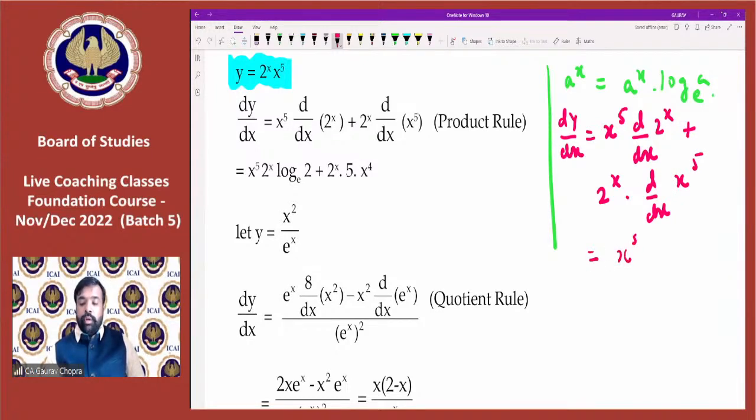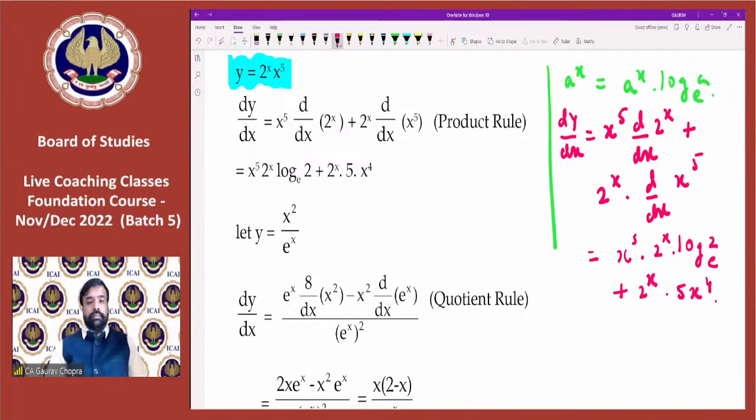X to the power of 5 multiplied by 2 to the power of x log 2 base e plus this time 2 to the power of x will remain as it is, and for x to the power of 5 it will become 5 multiplied by x to the power of 4. So this will become the final answer.